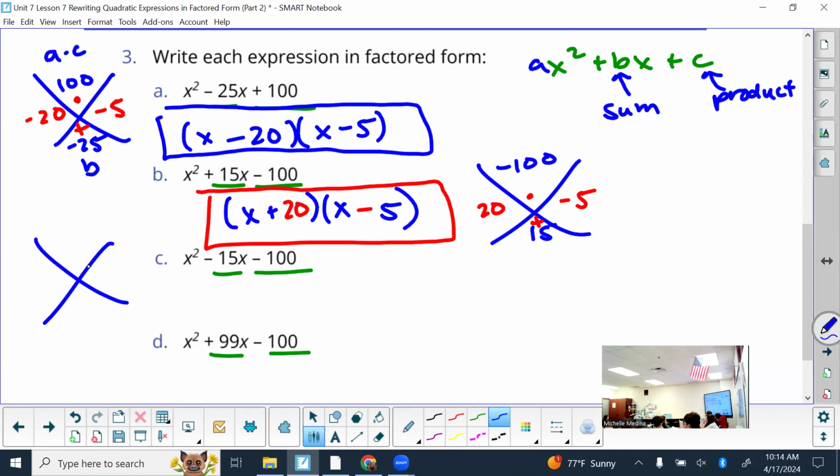Table 8. What goes here? Like if I want to use the diamond method, how do I set it up? What goes on top? And what goes on the bottom? Oh, we're doing B. Oh, good. Did you guys get an answer for this one?